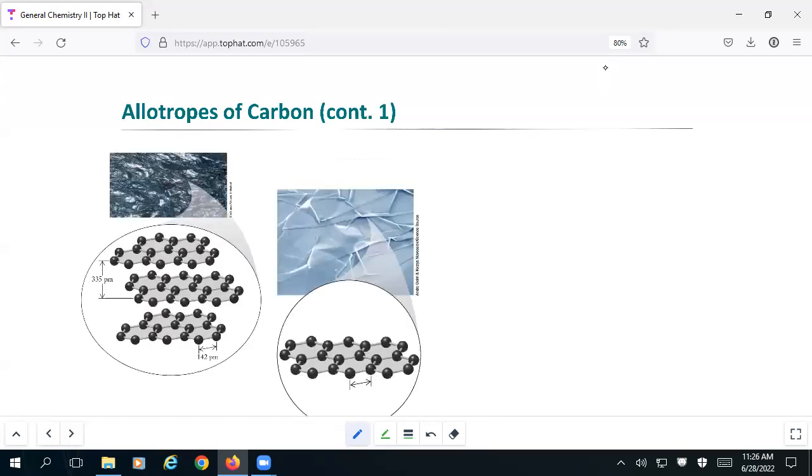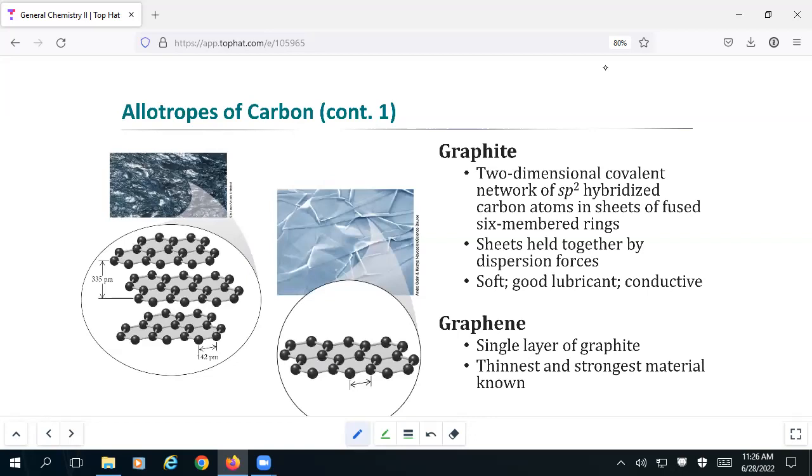But there are other allotropes of carbon as well. We're familiar with graphite. Graphite is the thing that makes up pencil lead.